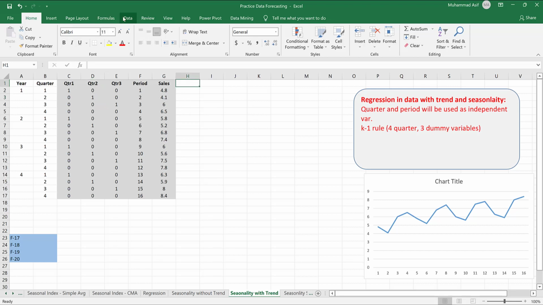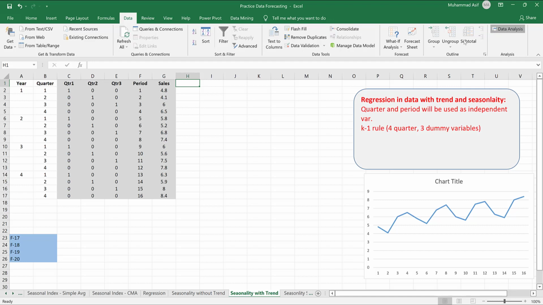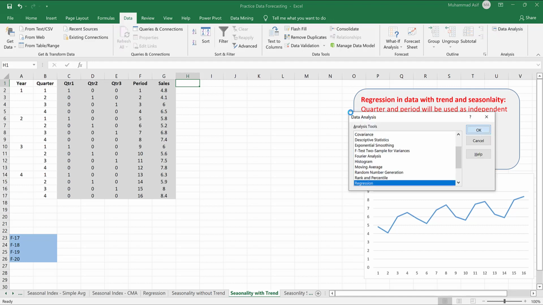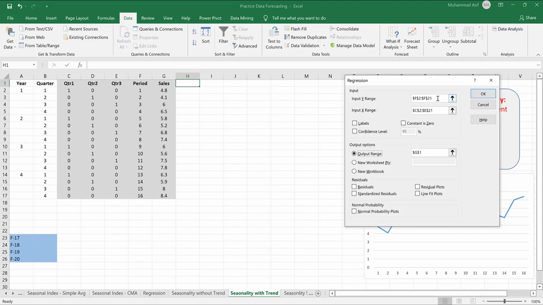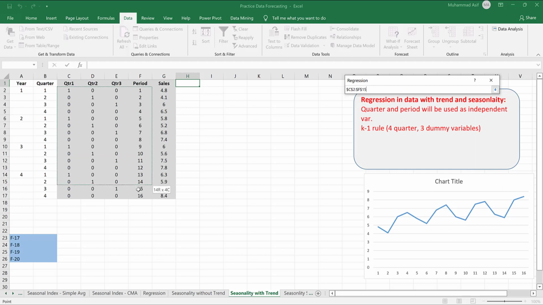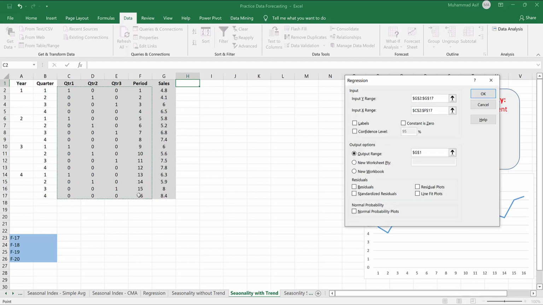We use regression analysis, data analysis, and then this is our independent variable input. We will consider both, which means quarter and period. In the previous one, that was only seasonality.